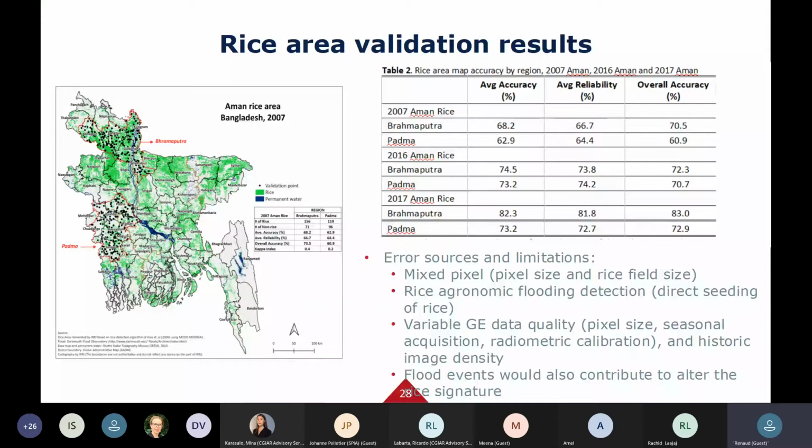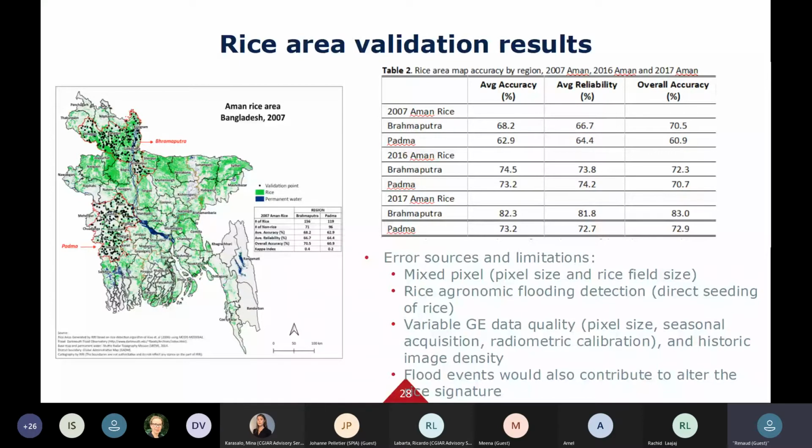In addition, the Google Earth data have variable quality and different pixel sizes. Google Earth is an amalgamation of different types of data taken at different times of the year, so maybe some seasons which are not necessarily the best to identify rice. The radiometric calibration of the imagery is different, so you have different colors.